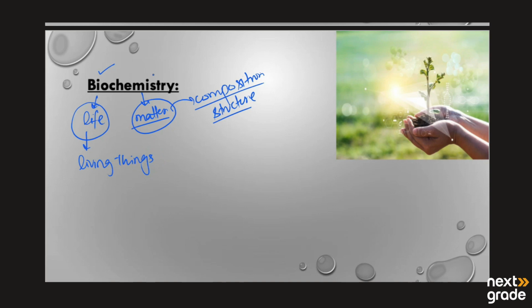By definition, it is a branch of chemistry that deals with the study of the structure, composition, and chemical reactions of all the substances that are found in living organisms.